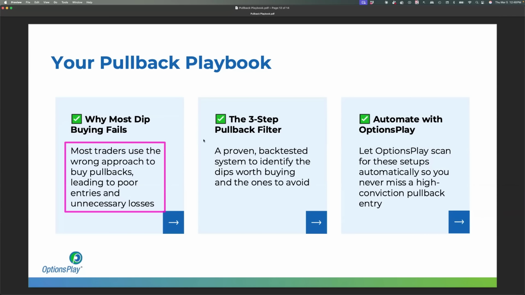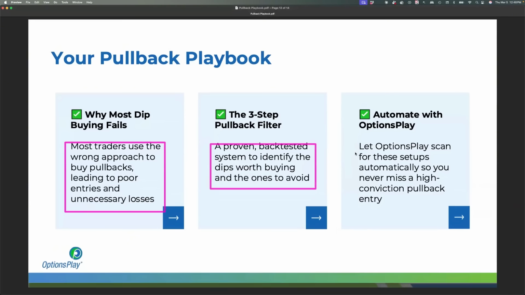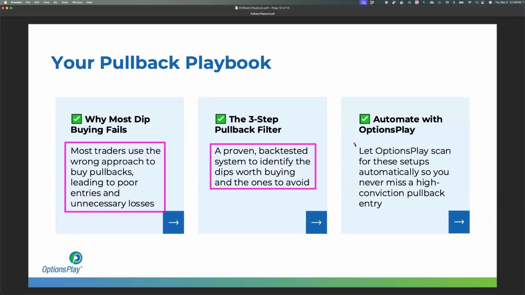It's only this three-step pullback filter that has been proven and back tested to identify which dips are worth buying and which dips are ones that you should avoid. And the vast majority of them are ones you should avoid. And hopefully what I showed you here today is how you can automate it using your OptionsPlay platform.